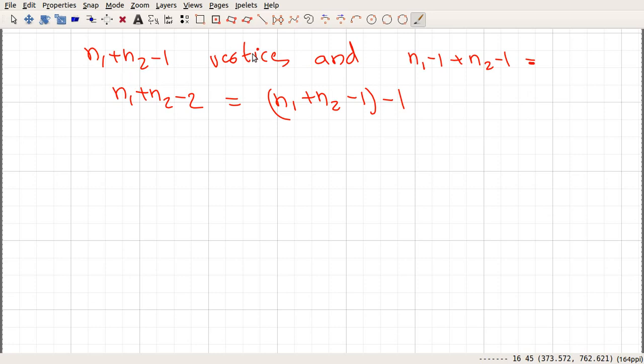So it has this many vertices, it is connected, and the number of edges is 1 less than that. Okay, so it's a spanning tree because it contains all the vertices and it is a tree.